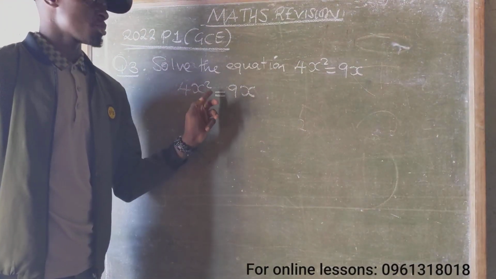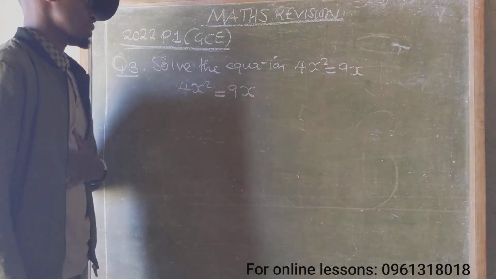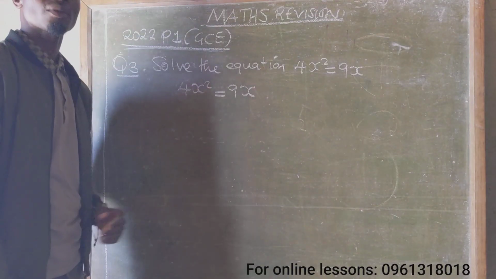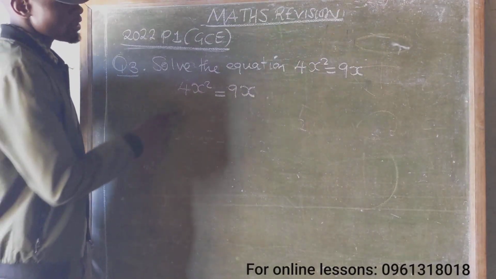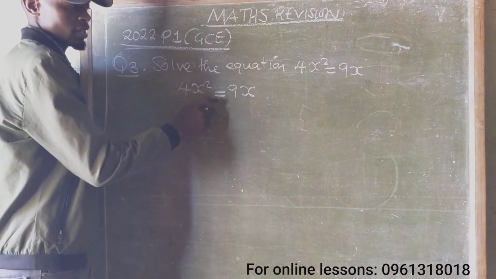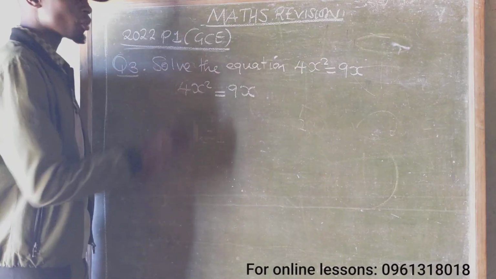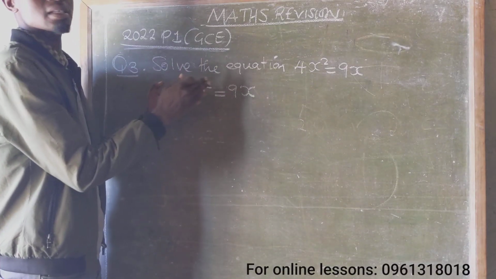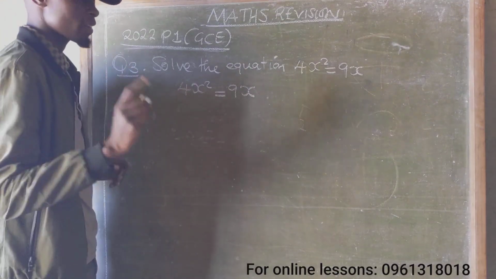So for 4x to the power 2 equal to 9x, to solve this one, what you need to do is equate the given equation to 0. That's the first thing.